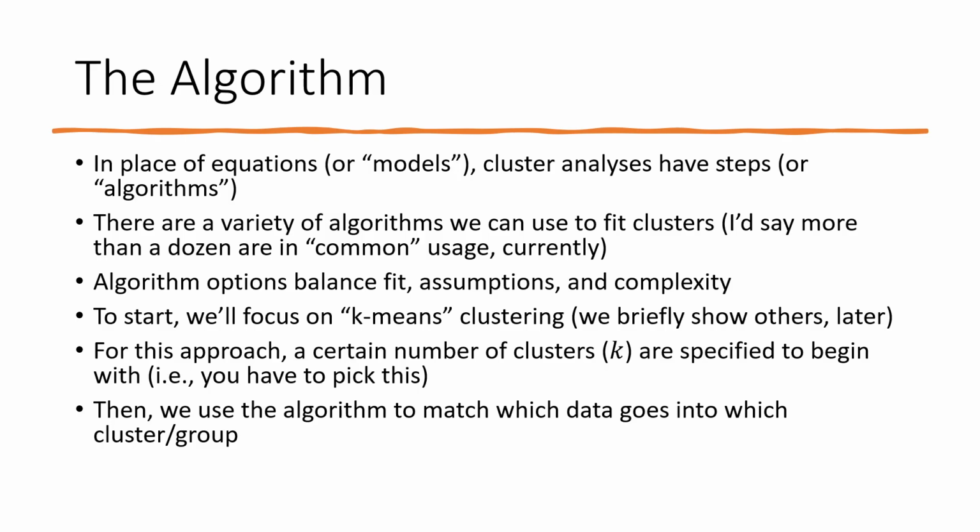After we have the number of clusters, pretty much we just plug in that number and let the algorithm do its work. What it's going to give us is, for each participant, which cluster that participant fell into and which participants cluster with which other participants. And we can look at that at least in two variables in a graph.